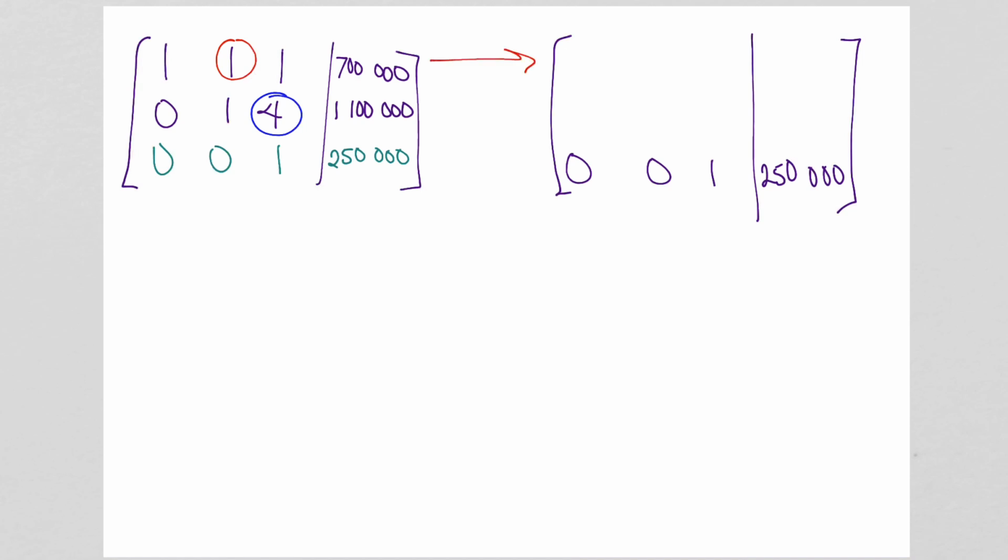We'll do negative row 2 plus row 1. And that'll give us 1, 0, -3, and negative 400,000.